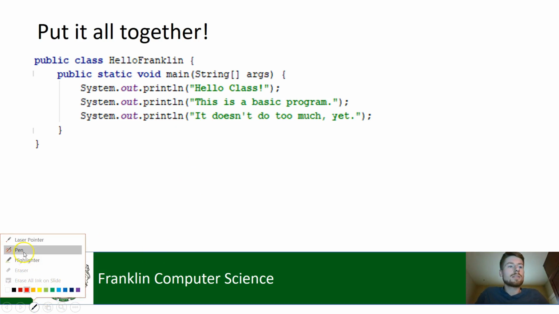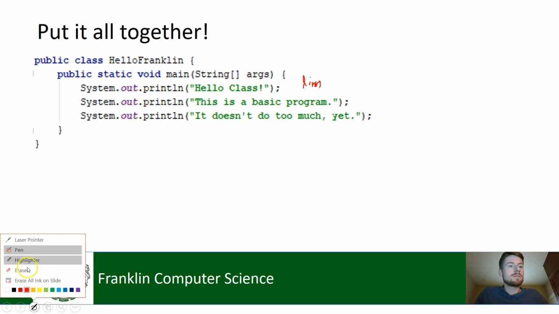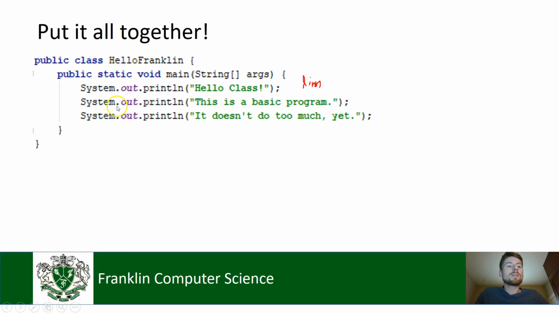Let me write that down, actually. So this is println. We have three of these println statements. One of them says hello class. This is a basic program, doesn't do too much yet.